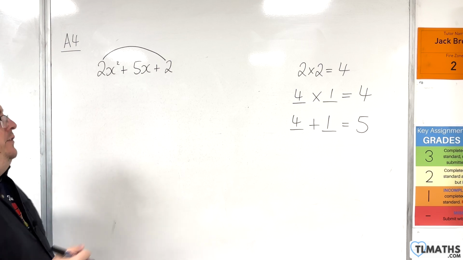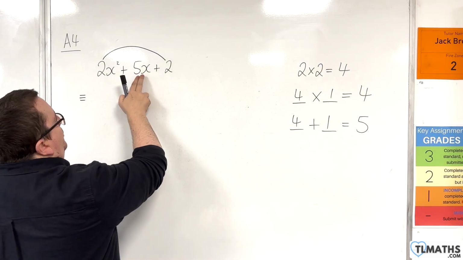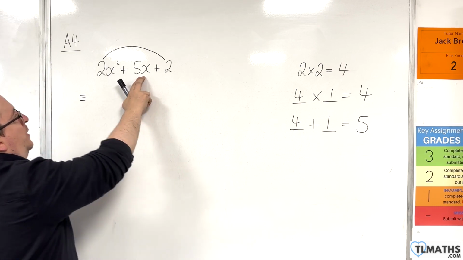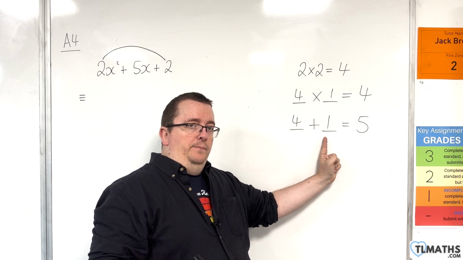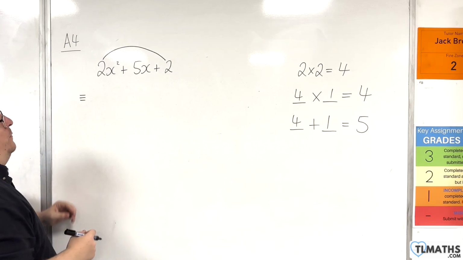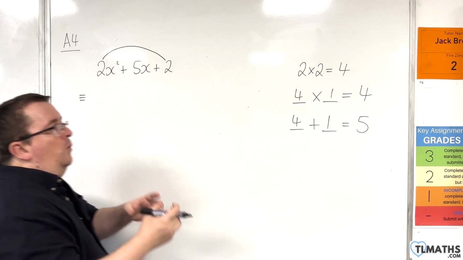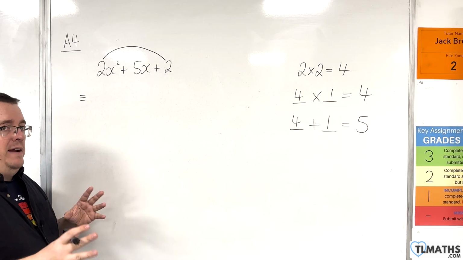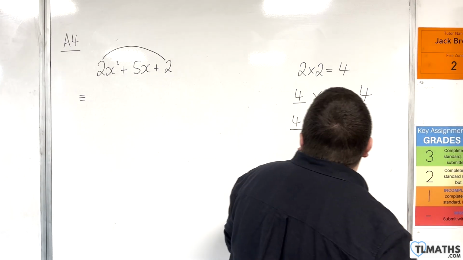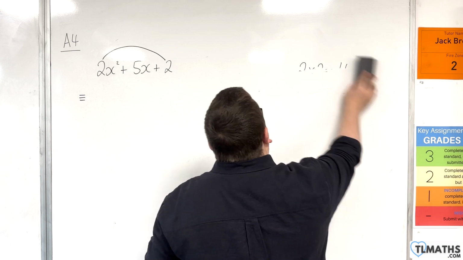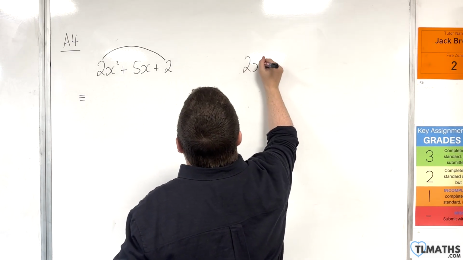So what you're then going to do is rewrite this, but split the 5x up into 4x and 1 lot of x. Now, whether you decide to split this up as 4x plus 1x or 1x plus 4x, it doesn't matter. And I will show you both.